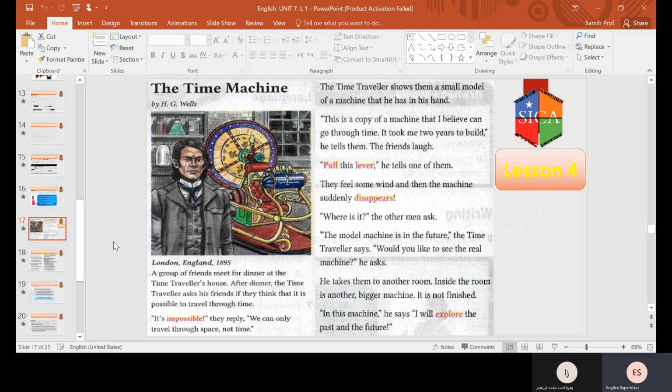Okay? The next word, pull. What do you mean by pull? In English also. I'm waiting. Pull here means to grab something.